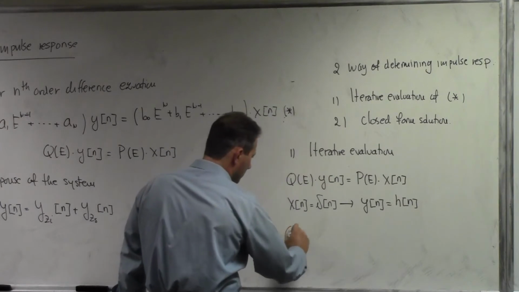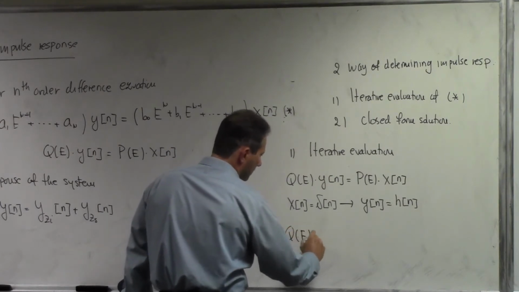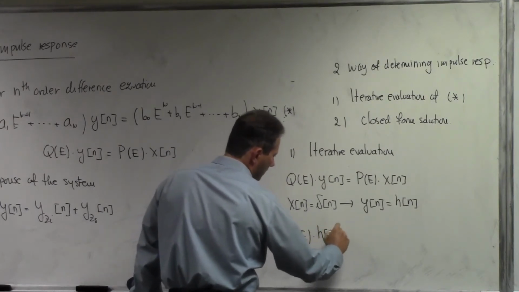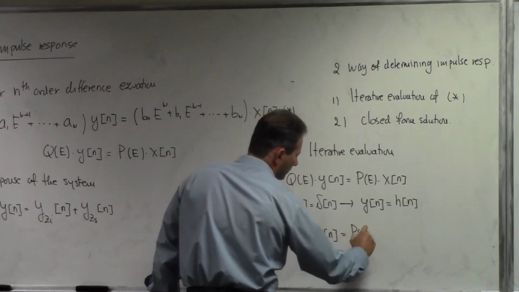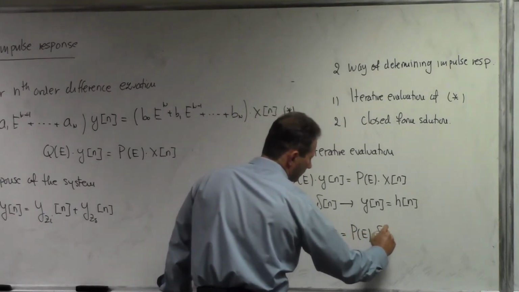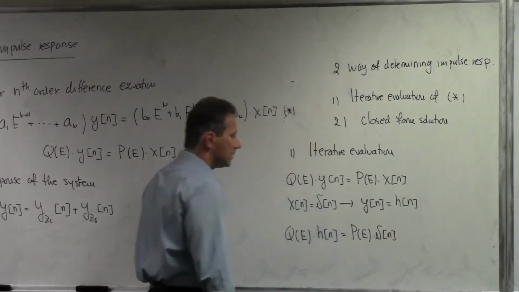And I have this equation here, Q(E) h[n] is equal to P(E) times delta[n].